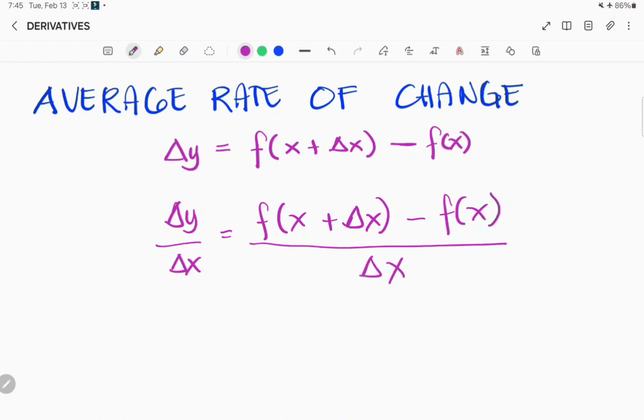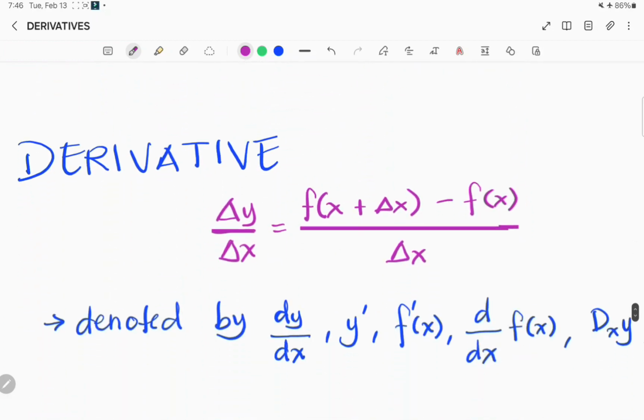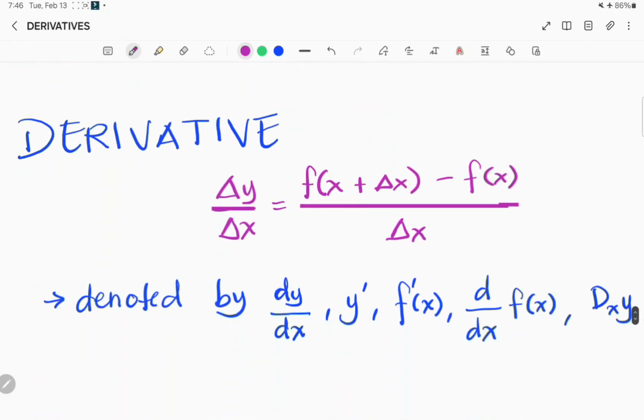This is now the expression of average rate of change. Now, if we take the limit of this average rate of change, we will have the so-called derivative. Thus, if we take the limit of change of y over change of x as change of x approaches 0, then we will have the so-called derivative.